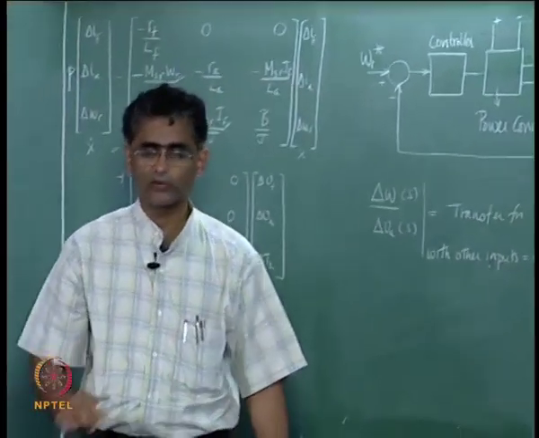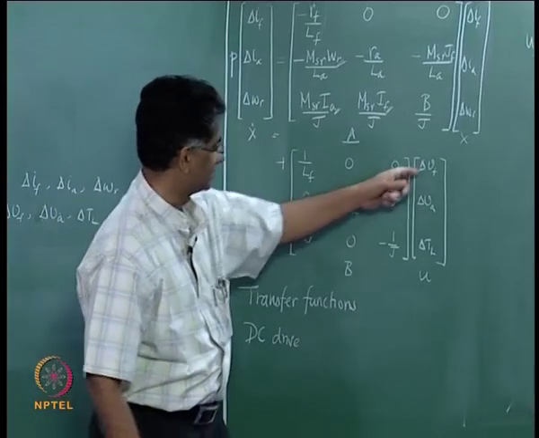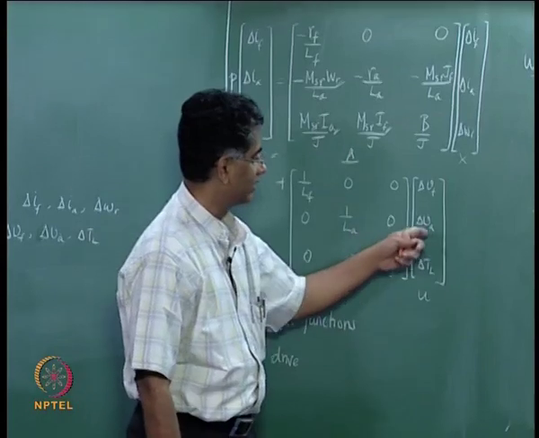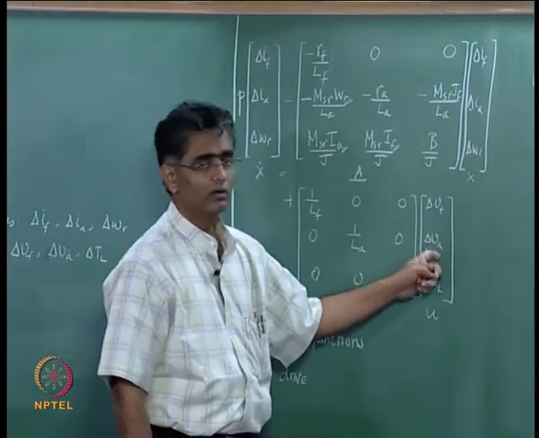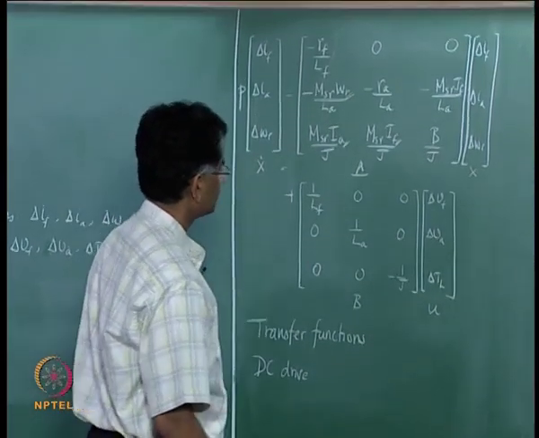So do not give any inputs for the others, that means delta VF and delta TL you make 0, and then consider what is going to be the response between delta omega r and delta VA. So how does one do that?